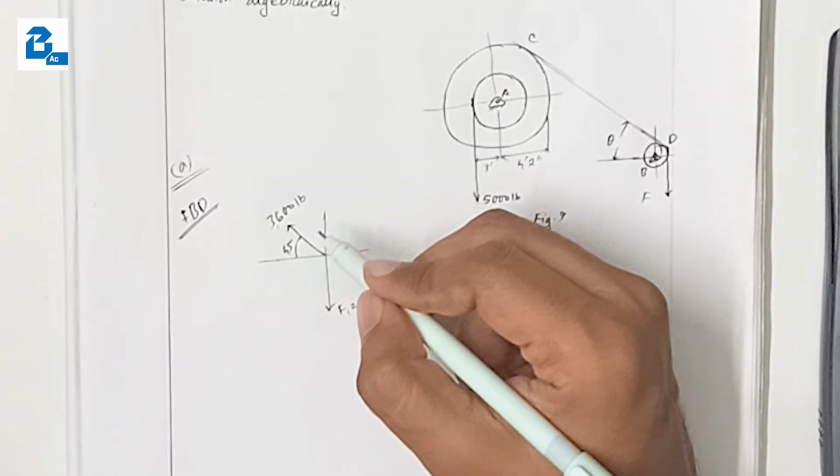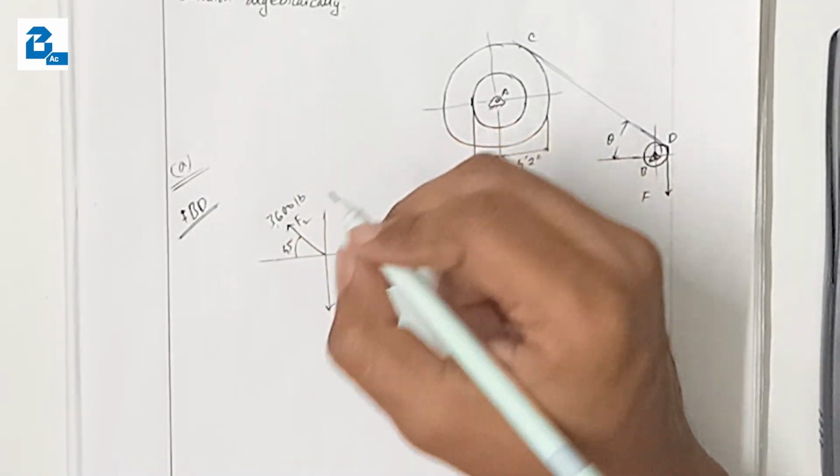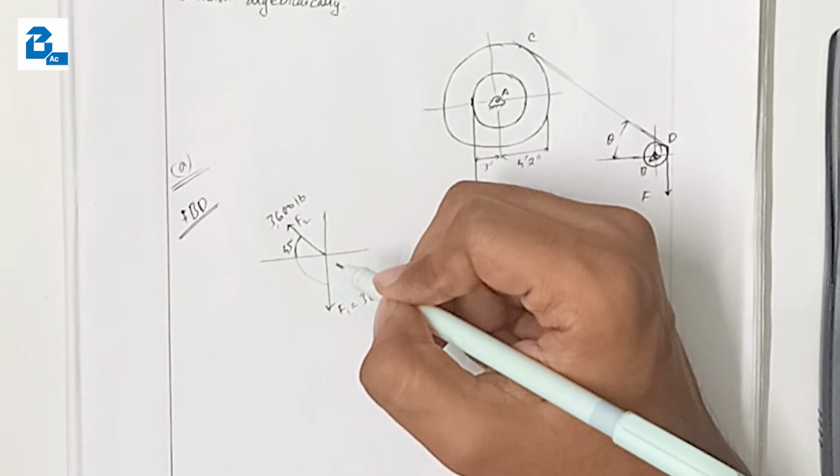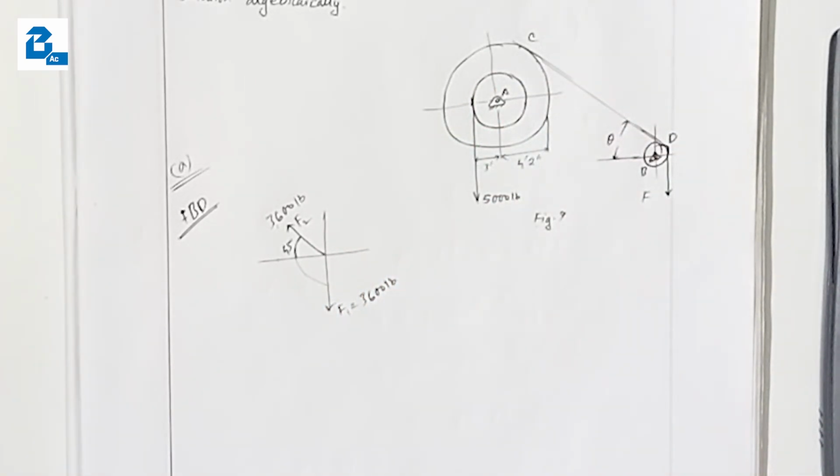So if we think the angle between F1 and F2, we get alpha, which would be 90 plus 45 equals 135 degree.